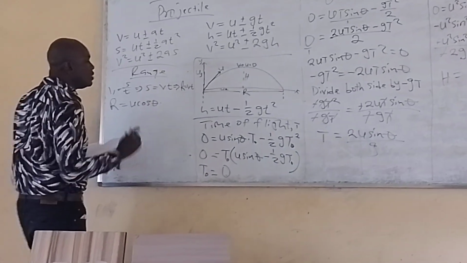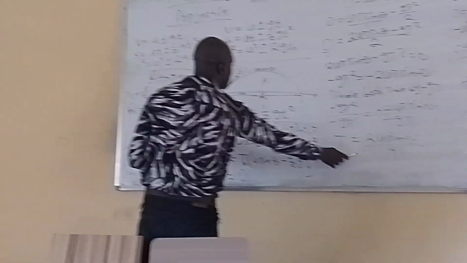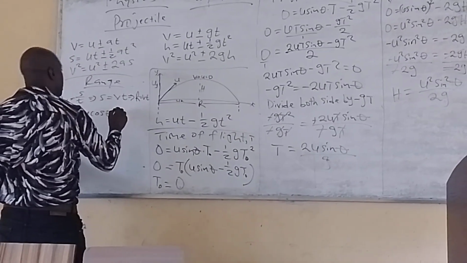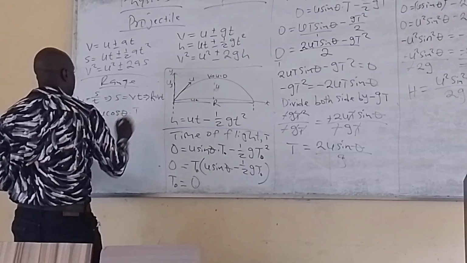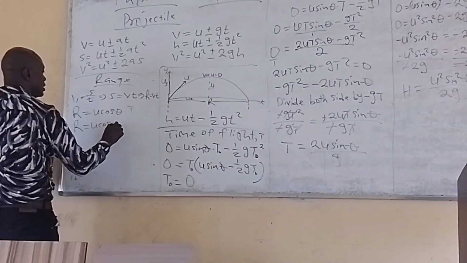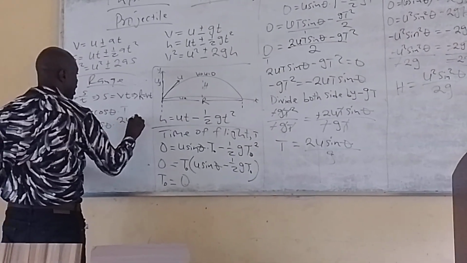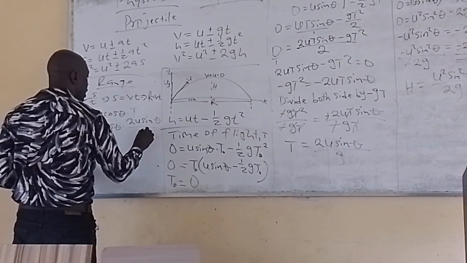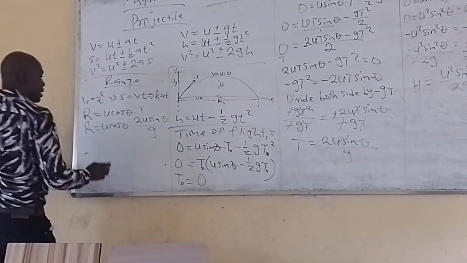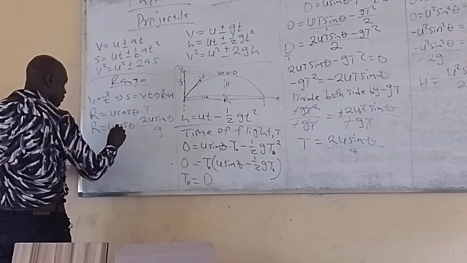But the t we are going to use here is going to be the t for time of flight, which is this one. Then r equals u cos theta times the t here, which is 2u sine theta over g. Now, having gotten it, you check this whole thing. You have cos theta here.